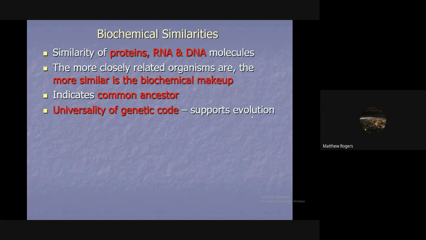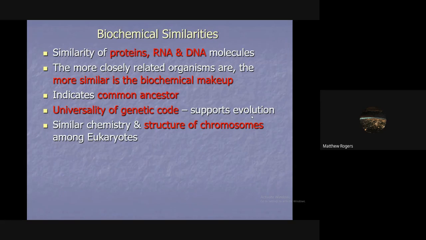They're obviously slightly different in every living thing, but every living thing can read them. I can actually take code from a bacteria, put it in a human, and the human can read that code. So that shows the universality of the genetic code also supports evolution within this section. If we all didn't have a past common ancestor, we all shouldn't be able to code the same information.